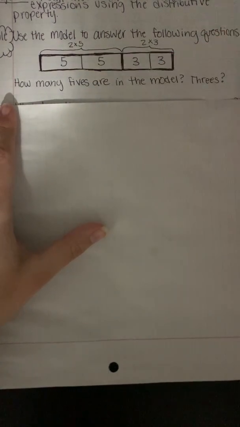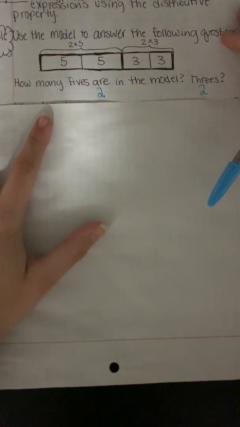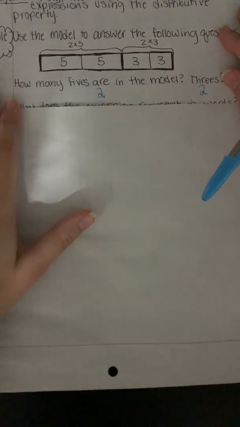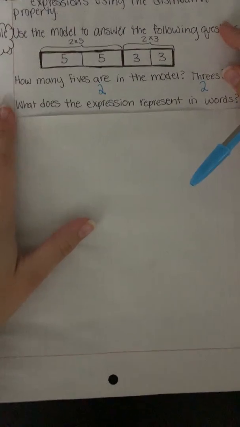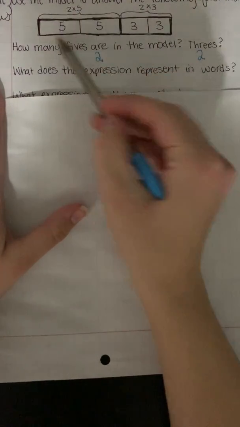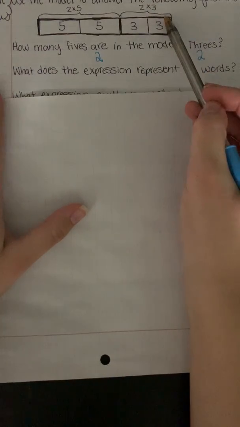1, 2. So we're going to write 2. How many 3s are in the model? 1, 2. All right, so far so good. And what does this expression represent in words? If I were to write this out using words, I would say, well, I'm adding this part to this part.